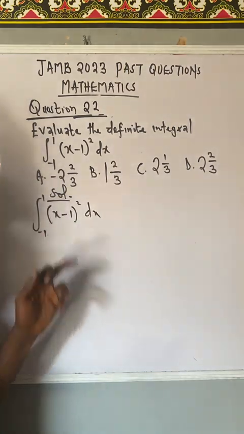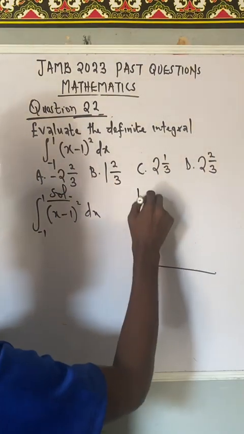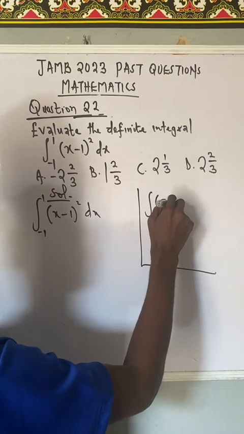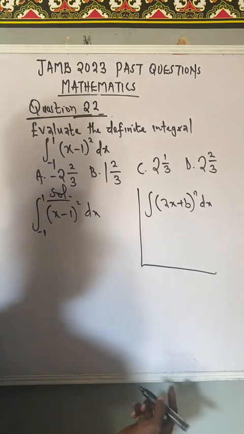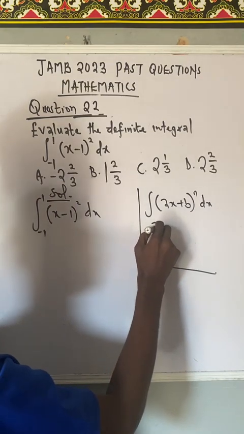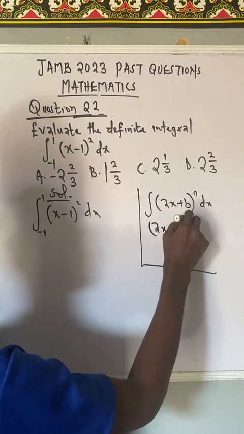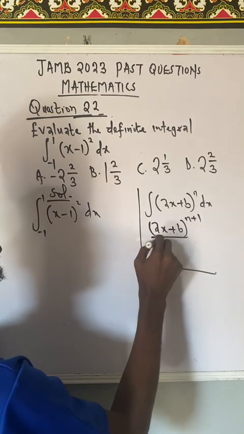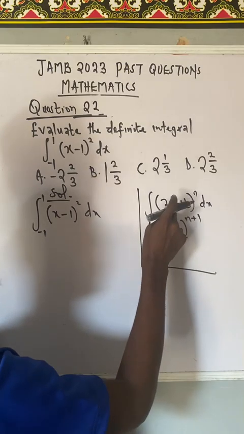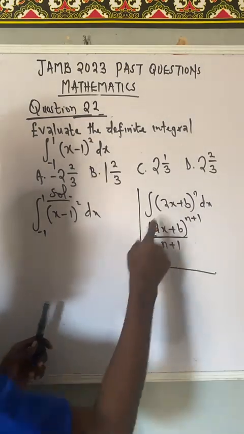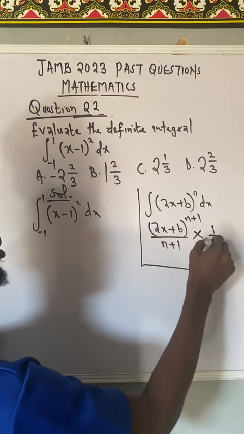First of all, this is one of those standard integrals. If you recall this, integral of (ax plus b) raised to the power of n with respect to x will give me (ax plus b) all raised to the power of n plus 1 all over n plus 1. But whatever you have, you have to divide it again by the coefficient of x, so multiply by 1 over a.